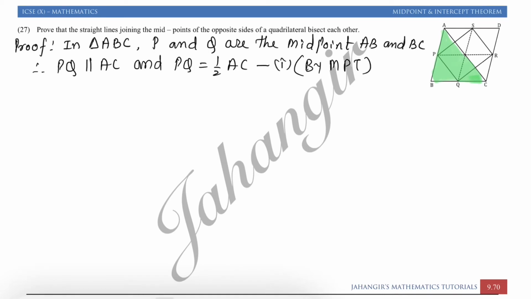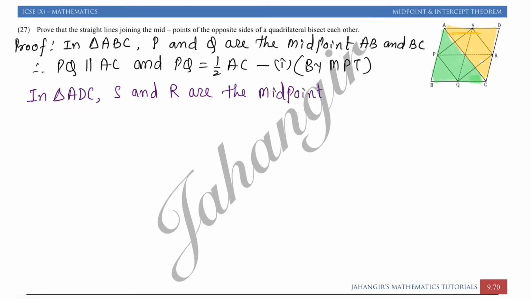Now for the second triangle, I will consider the opposite side's triangle. Now we'll write, in triangle ADC, S and R are the midpoints of AD and DC respectively.